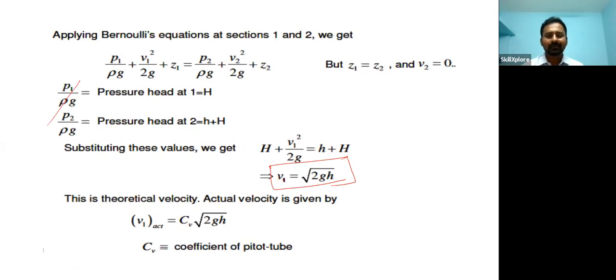This value can be calculated mathematically, but the theoretical value is affected by the friction between the flowing fluid and the tube surface, so there is a drag. To compensate for that, we apply a concept called the coefficient of the pitot tube, which indicates the drag caused by the surface profile of the tube.